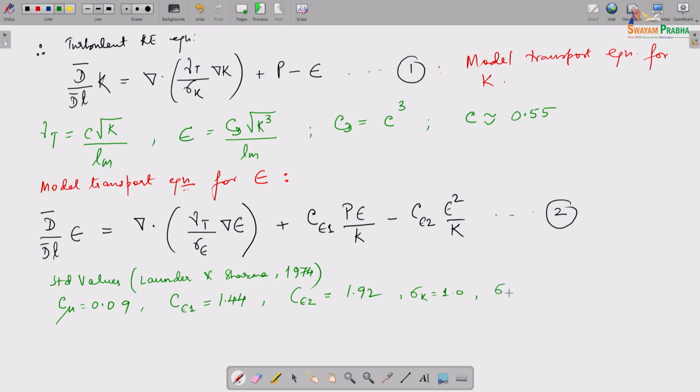Epsilon, sigma epsilon is this, right. And so, I wrote this C mu. So, that essentially comes the turbulent viscosity, right.